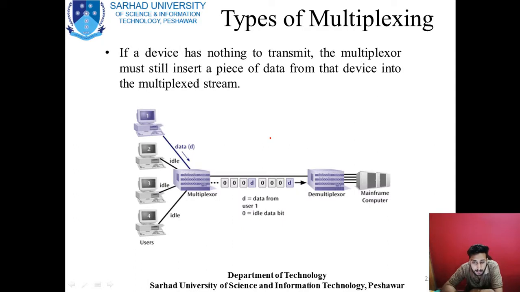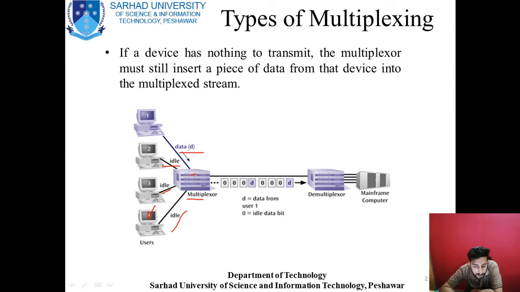Now what is the problem with synchronous TDM? Let's say a user is idle or turned off. Let's say this system is not part of the network anymore, it has left the network, or it is turned off. There is a huge chance that the time slot will still be given to this system by the multiplexer. D wants to transmit data, but after the first time slot, the other time slots are allocated to different users.